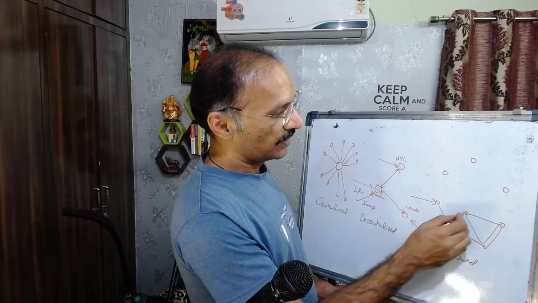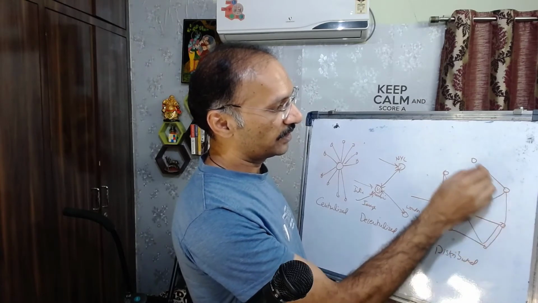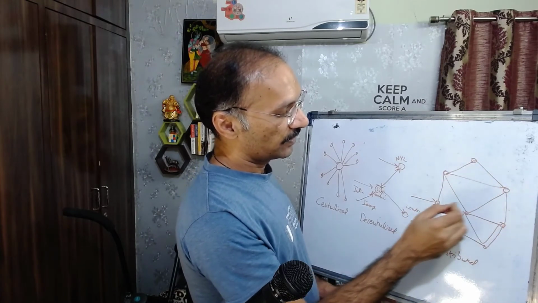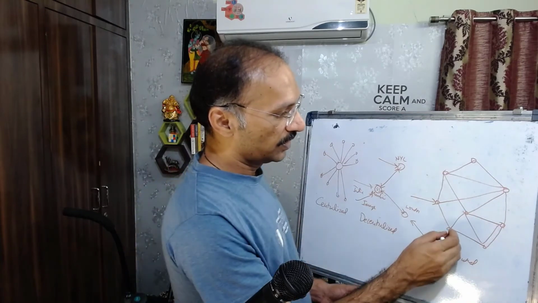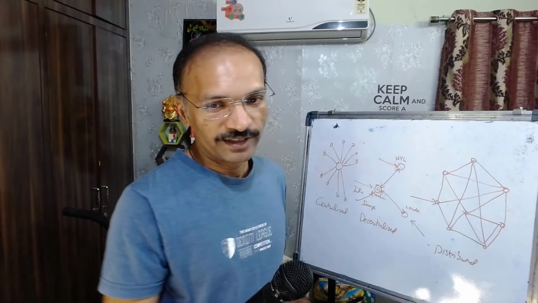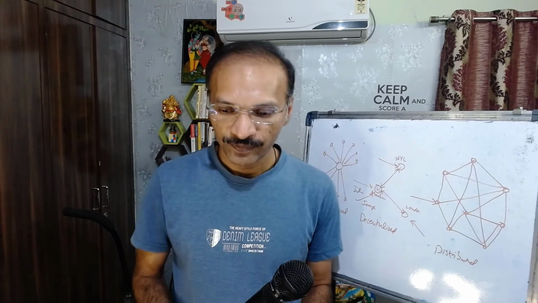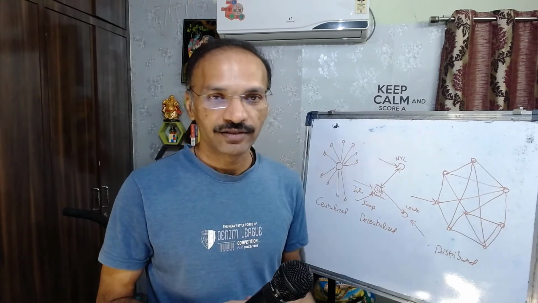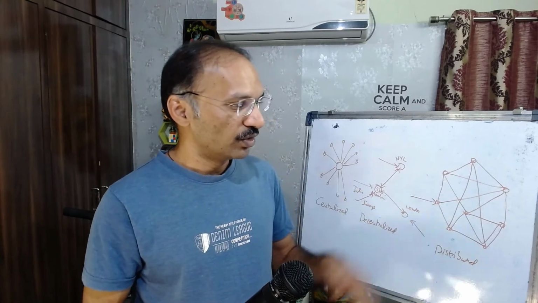There is always a link between the servers, and there should always be a link between the participating nodes. If the link is missing, it's not distributed. Sorry about my drawing skills. So in a distributed network, you are able to access that particular asset from anywhere in the nodes.